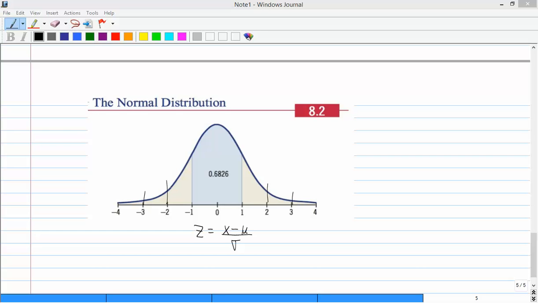The total area under any normal curve is always equal to exactly 1. So that's a pretty easy concept to understand. That total area is equal to exactly 1.